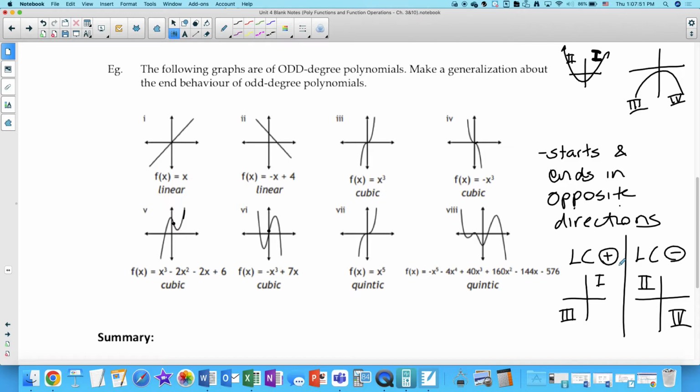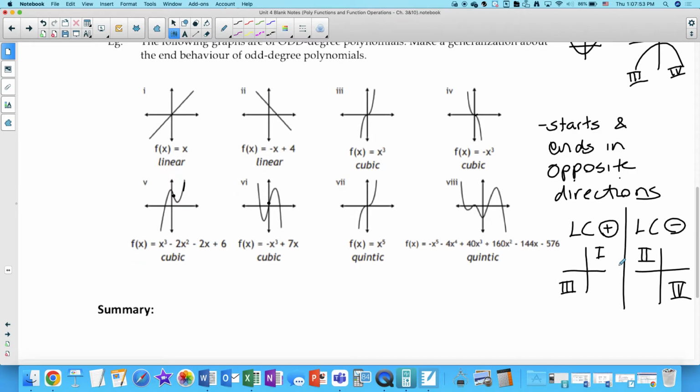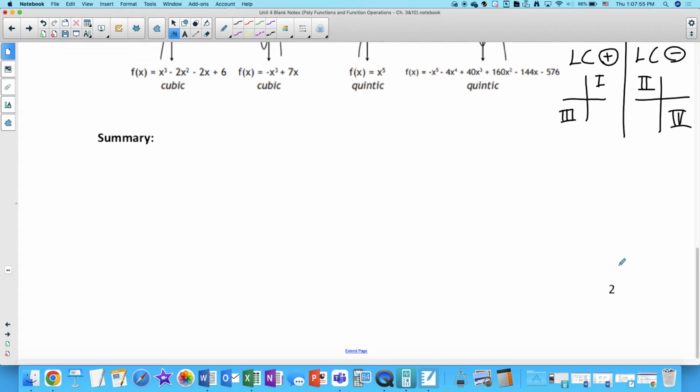All right, so in general, a couple things that I want to track. Okay, so let me think. How do I want to do this? Okay.